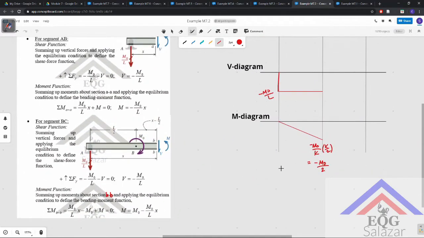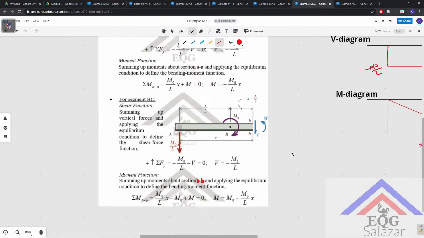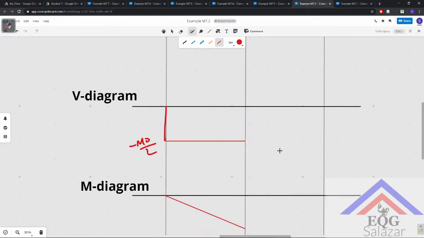Then we can draw out the shear and the moment diagram of segment BC. Since the shear is constant at negative M naught over L, we just continue this line here and then close that off.